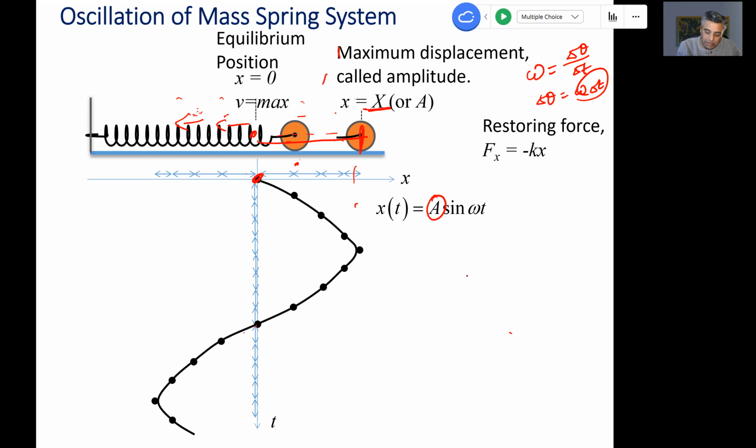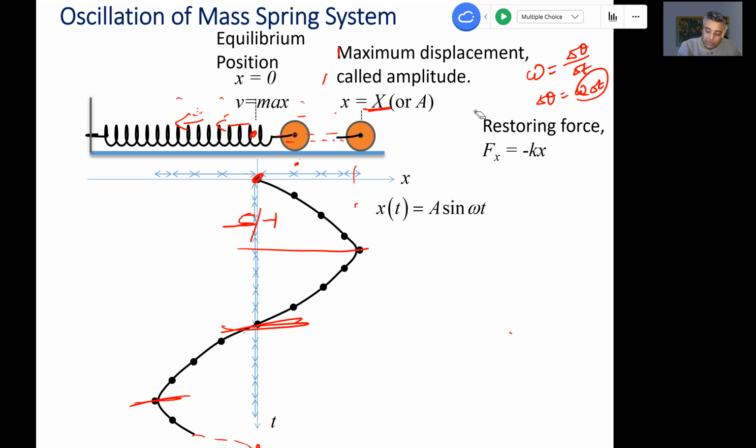So a quarter cycle here, in terms of period, is T over 4. Okay, so that's the quarter period. This is half period. And this is 3/4. And when it arrives back here, that's going to be a full period oscillation. So that's how we write the position versus time graph for an oscillating object.